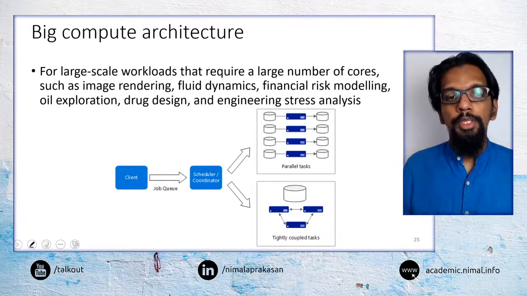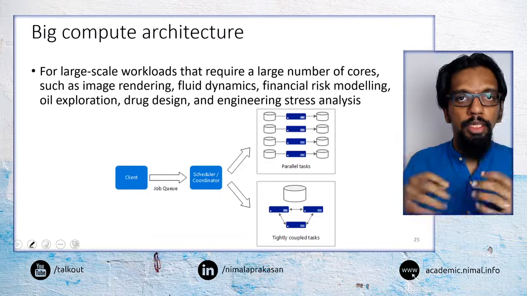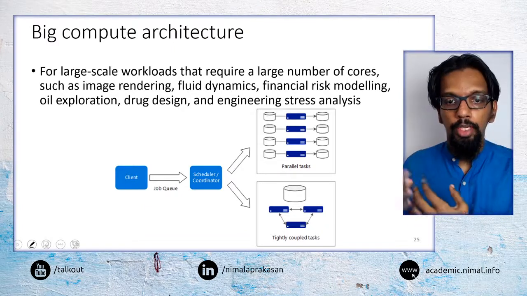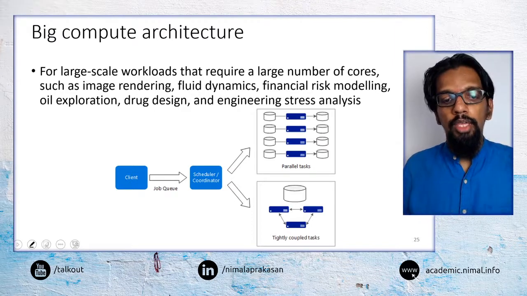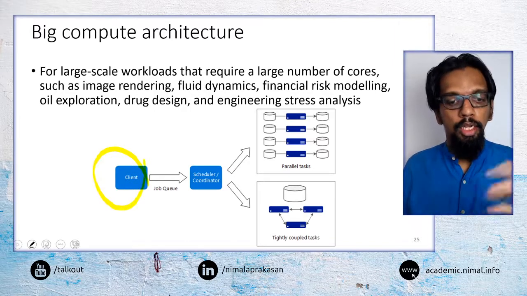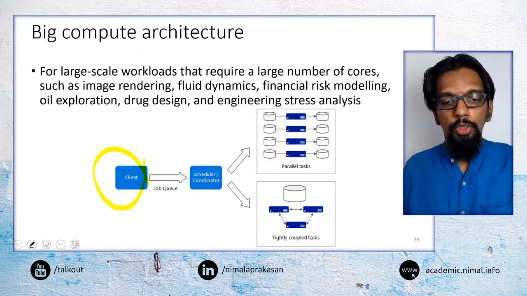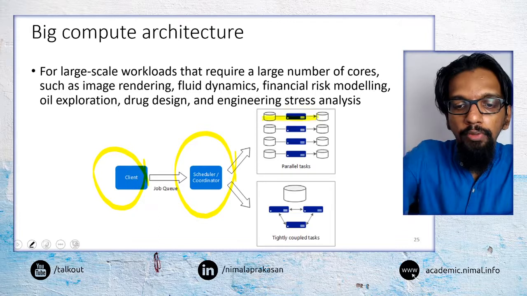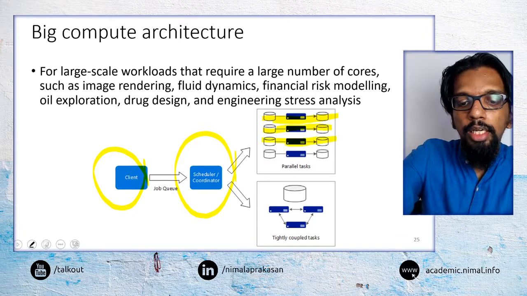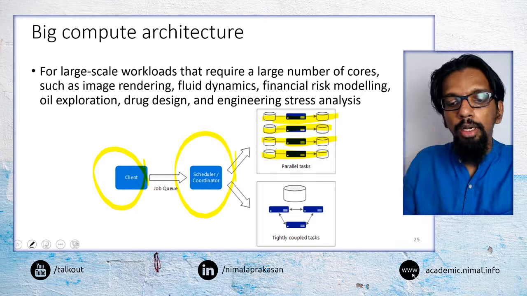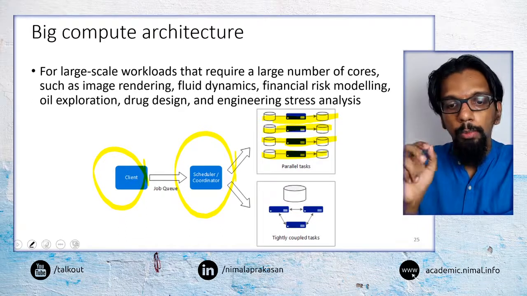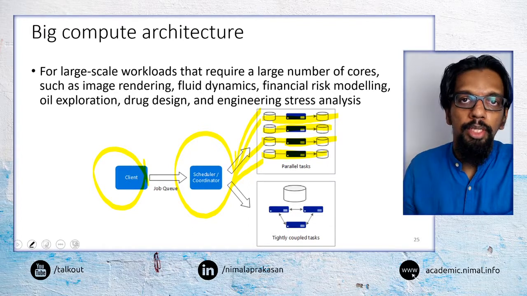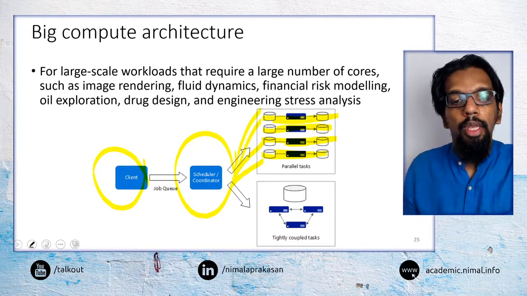And another option that we have, again similar in the cloud computing era, is what is called the big compute architecture. Here we will have the clients that request the jobs to be performed, and that can be sent to a scheduler, and then we will have multiple instances where it can do computing, and these tasks can be sent to these separate computing instances to be processed.